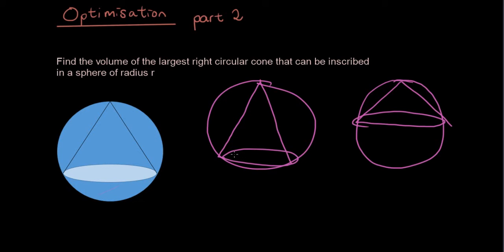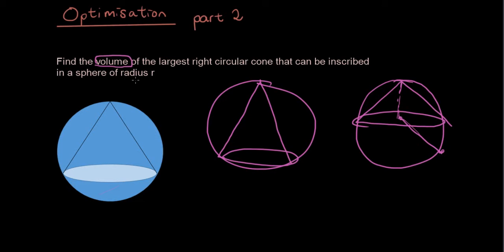But what we do need to do is relate the height of the cone to the radius of the sphere. So we need to relate these two quantities together somehow, because that is what we need to express the volume as.